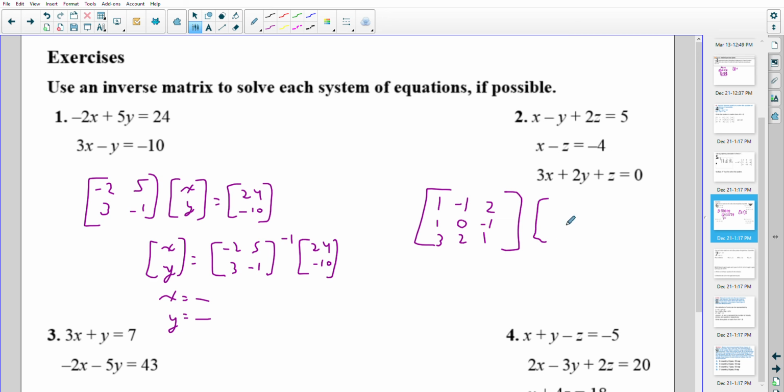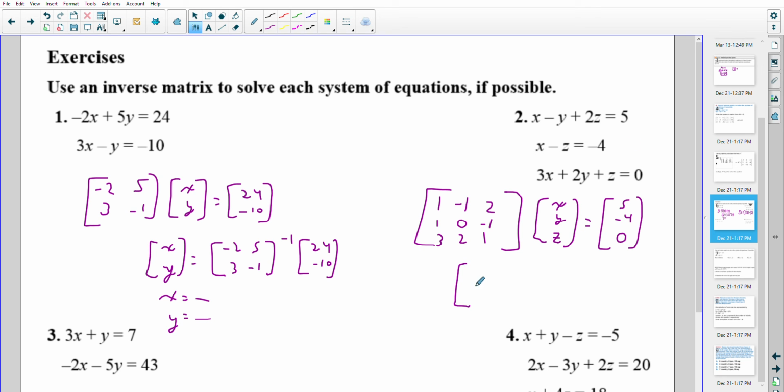Again, this matrix is your x, y, z now. And your matrix B is the numbers on the right side. Again, row by column, row by column, row by column is going to give you what's up above it.